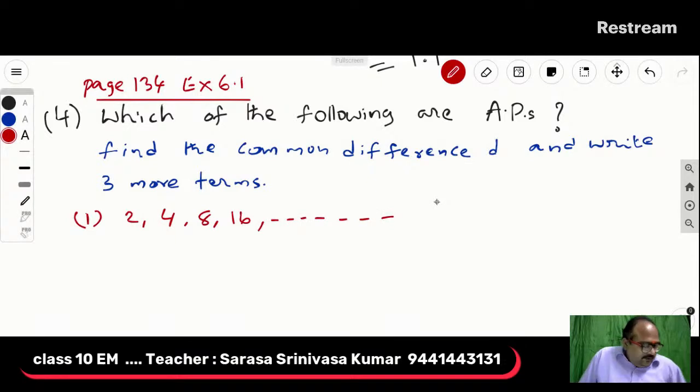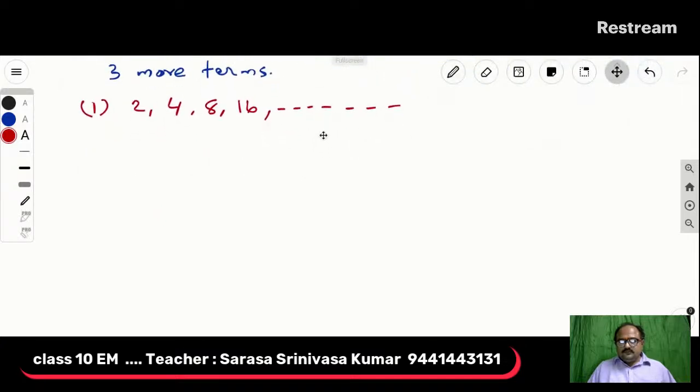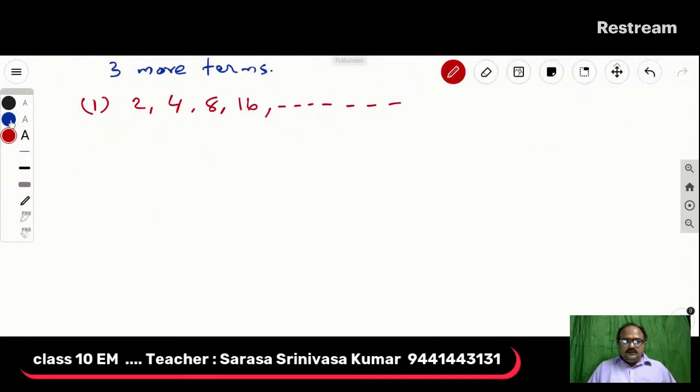Now we should verify whether these numbers are in arithmetic progression. Here T1 equals 2, T2 equals 4, the third term is 8, the fourth term is 16, and so on.